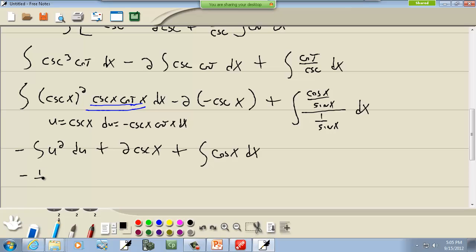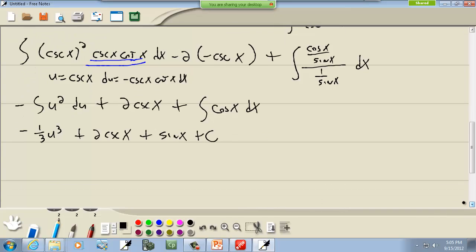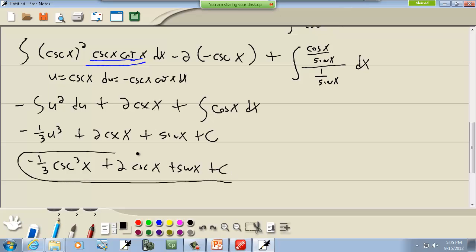And this one, add 1 to our power, divide by our new power, plus 2 cosecant x. The integral of cosine is sine, so that would be sine x plus c. And u we said was cosecant, so we plug that back in. We got negative 1/3 cosecant to the 3rd x plus 2 cosecant x plus sine x plus c. And that's our answer.